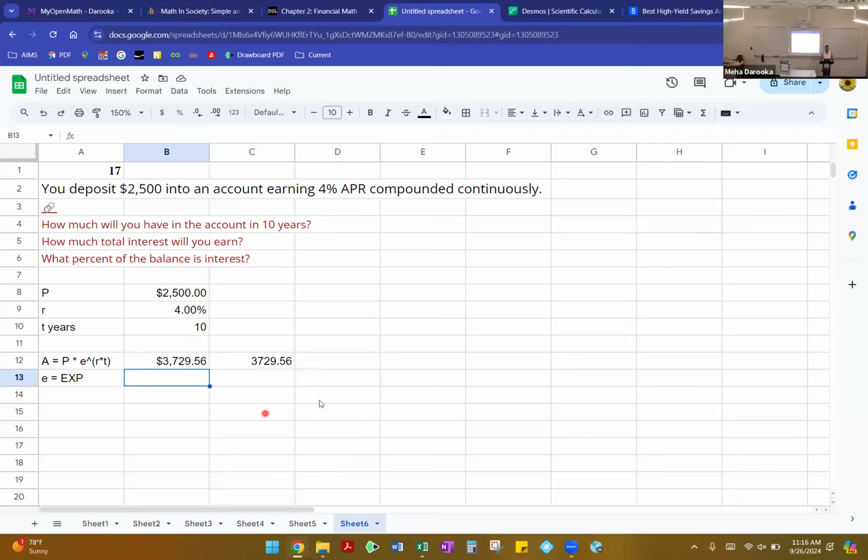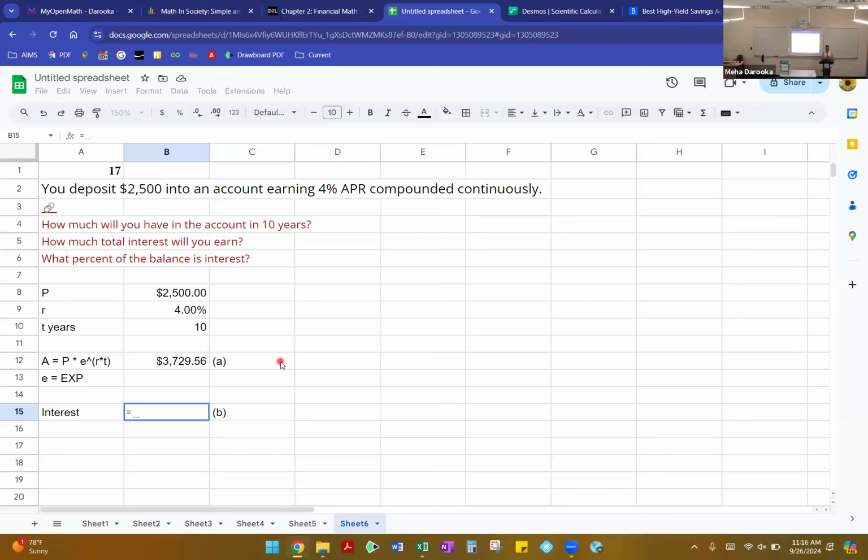Alrighty, very good. So that was part A. How much interest will we have earned? So part B. What's our interest here, people? Do we have at least $1,000 in interest or no?